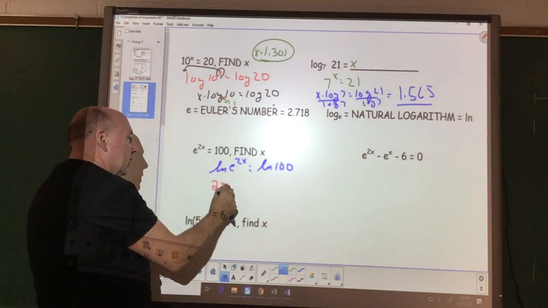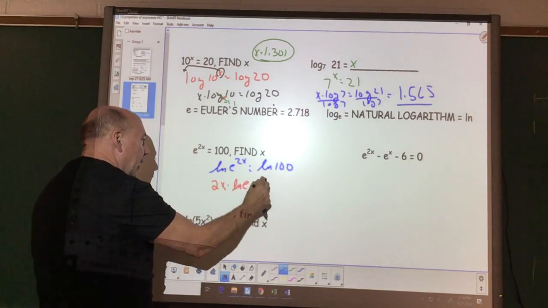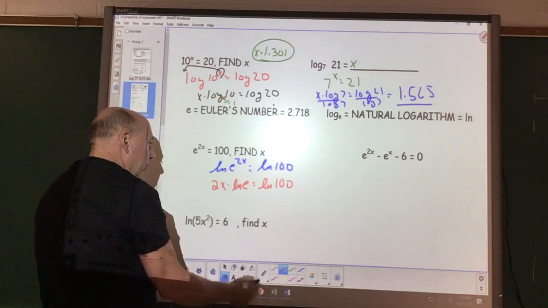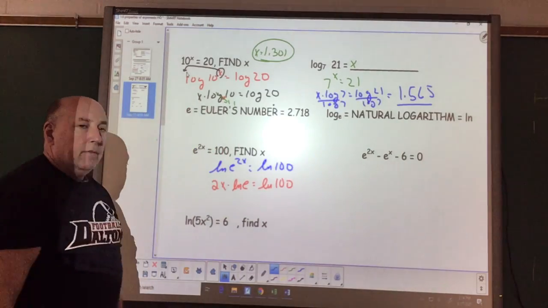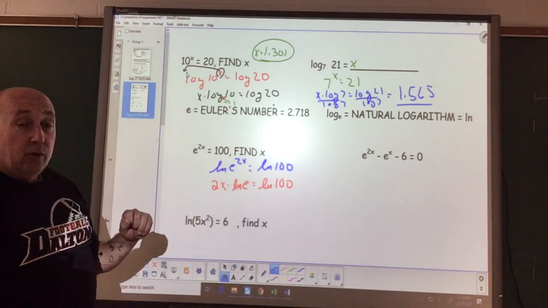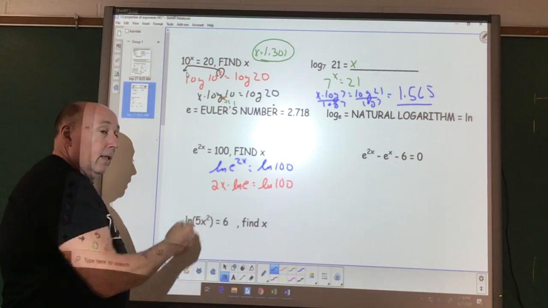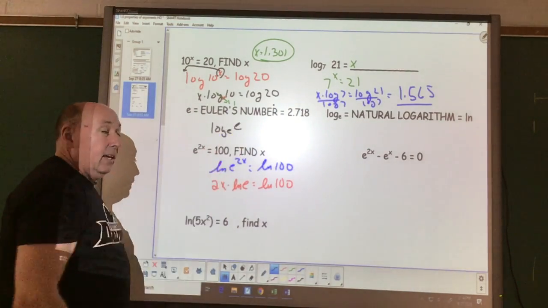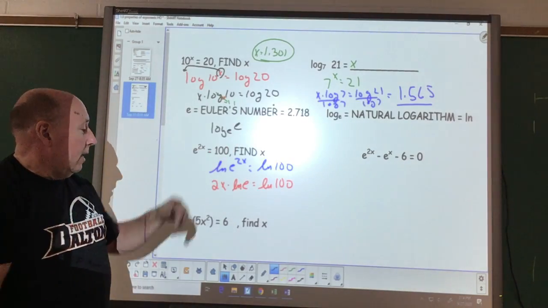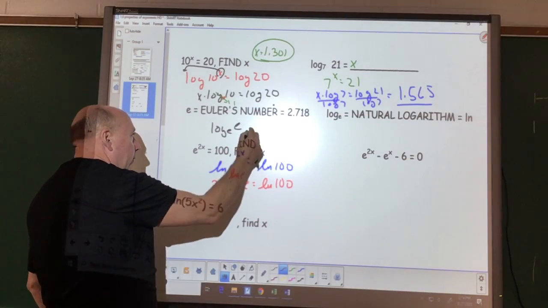My exponent, once again, will come out front. So we have 2x times the ln of e is equal to ln of 100. And to solve this, we can divide by 2. And the ln of e, once again, log base e of e, if these two are the same, will equal a value of 1.